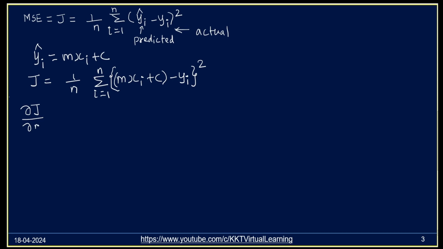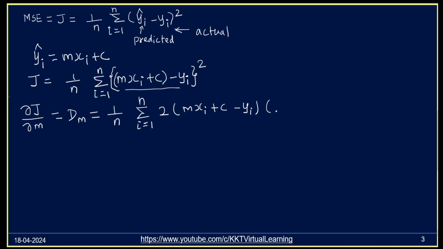Differentiate this J with respect to m. So dou J by dou m, let it be dm, is equal to 1 by n sigma i is equal to 1 to n 2 into (m xi plus c minus yi). So the complete thing is to be taken. And after that, you differentiate this term with respect to m. So you are having only xi for this case.